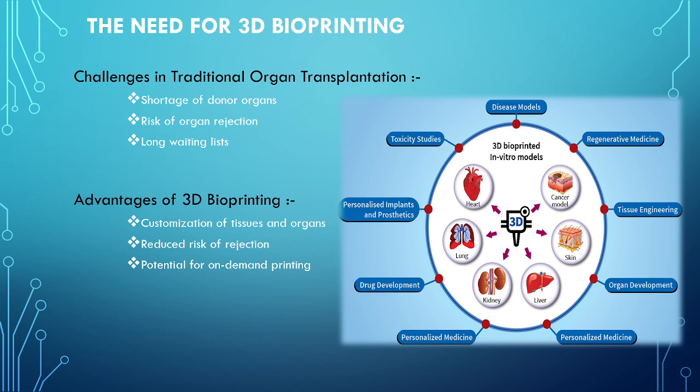If our internal organs fail, we have to go for organ transplantation, right? To provide a solution for those worst cases, we use bioprinting technology, right? So what are the failures we have in traditional organ transplantation?